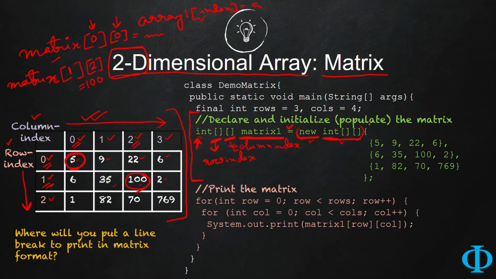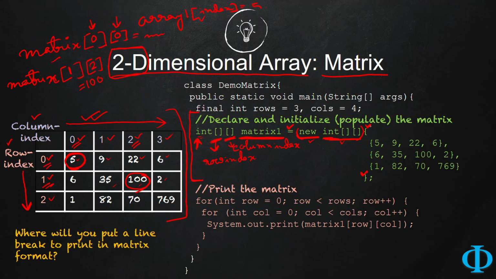After that, you have to write everything inside an opening and closing curly brace, just like an array. So everything you are writing inside an opening and closing curly brace, as you can see in here. But this time, remember, it has two different things, rows and columns.